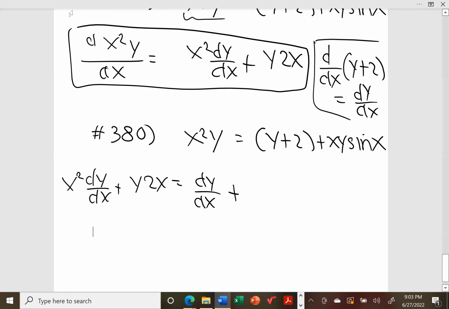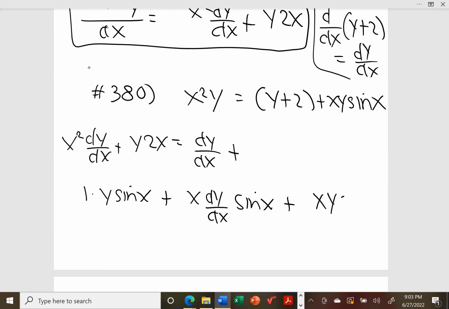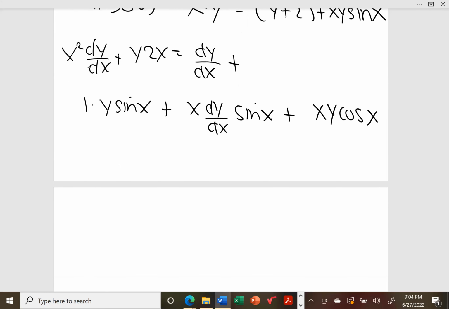And then this last part, I'll just put it all down here to save space. So we've got a few dy dx's floating around here, so I'm going to get them all onto the left-hand side, everything else on the right-hand side.